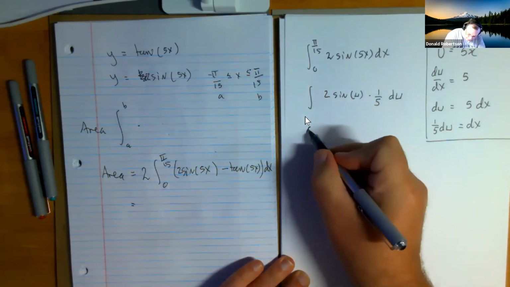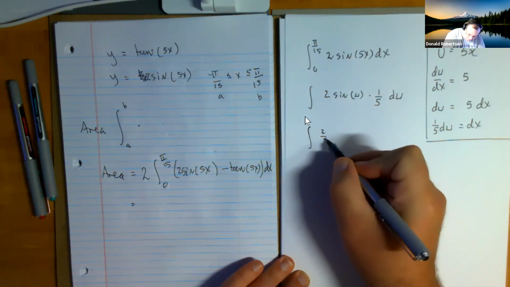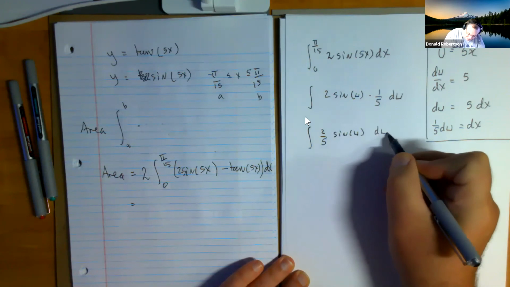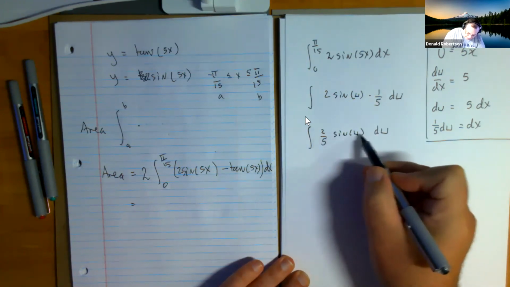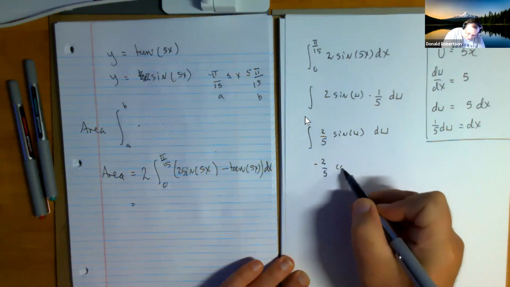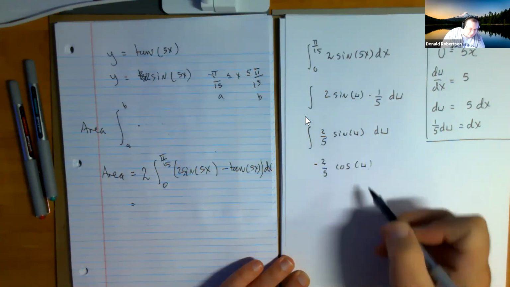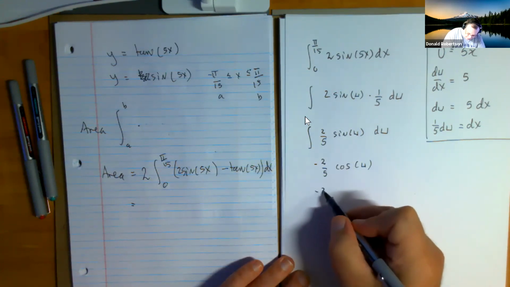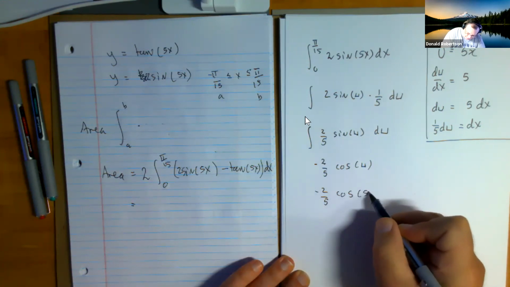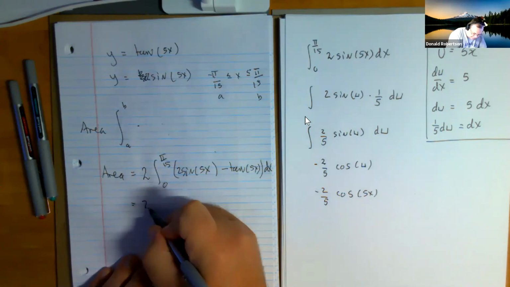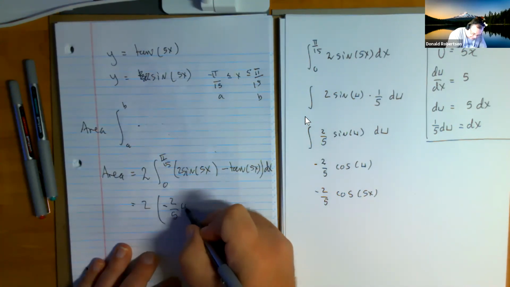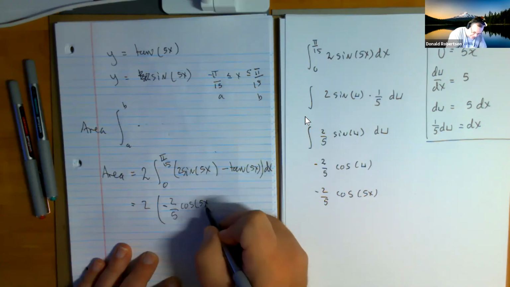So this will become, probably don't need this line, but I'm doing overkill, that guy. Now, if you find the antiderivative of this guy, don't you get negative 2/5 cosine u? And that becomes negative 2/5 the cosine of 5x. So over here, I'm going to write down that guy.